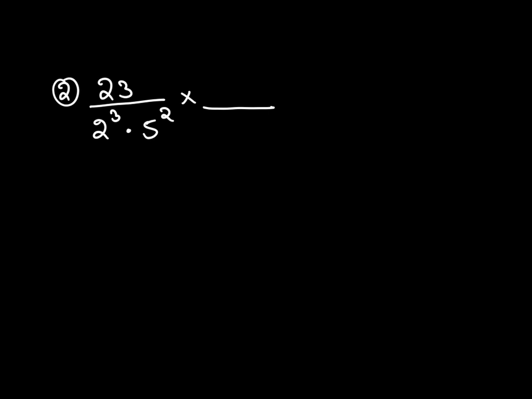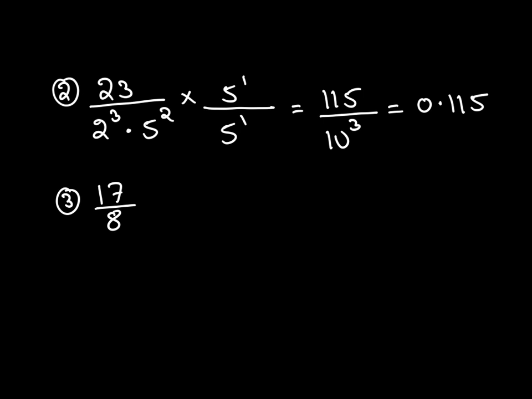I multiply and divide by 5 to the power 1, because 5 to the power 2 is already present. So now my fraction is going to be 23 times 5, which is 115 over 10 to the power 3. And that is going to be 0.115.